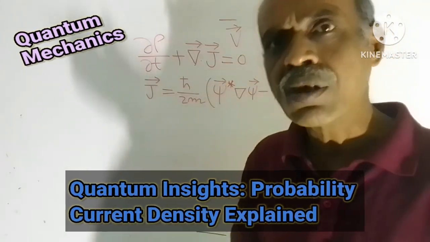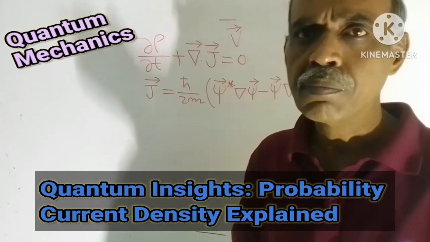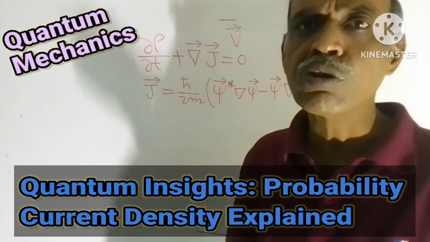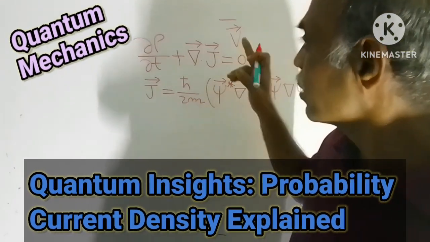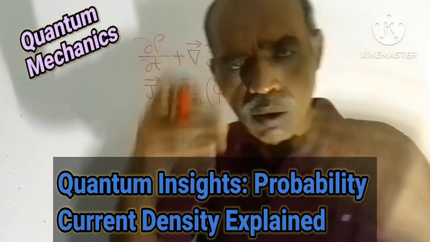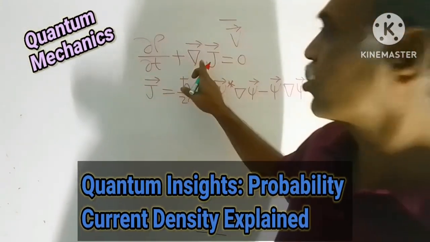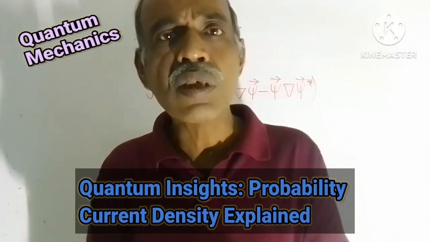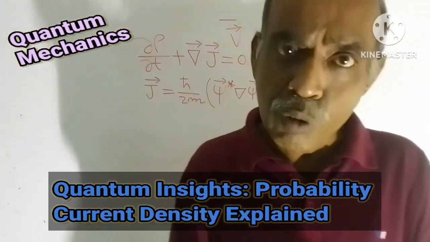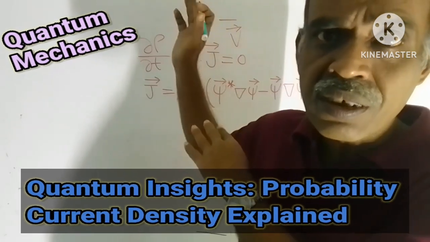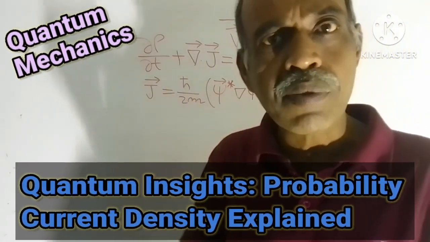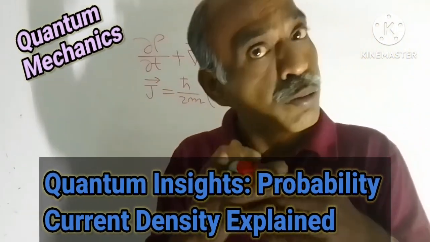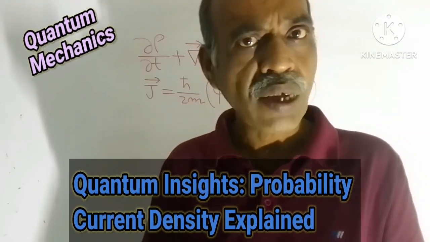That equation is also called the continuity equation, because that represents the continuity of mass. And here in quantum mechanics, this equation represents continuity of the flow of probability, that is flow of mass in fluid mechanics, and here in quantum mechanics it is flow of probability, right?